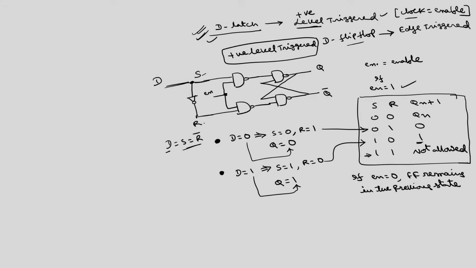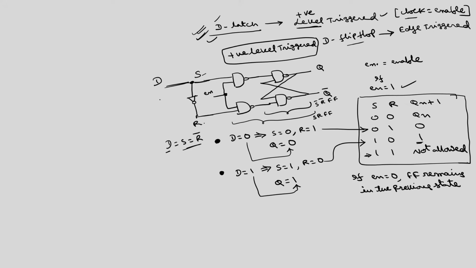Now, how do we write the Verilog code for this D latch? For that I will start with this part, which I will call the S bar R bar flip flop. After that I will discuss the SR flip flop.